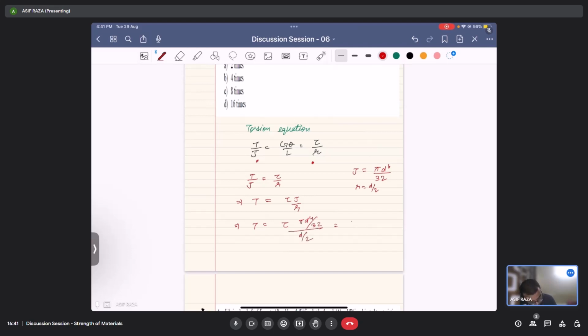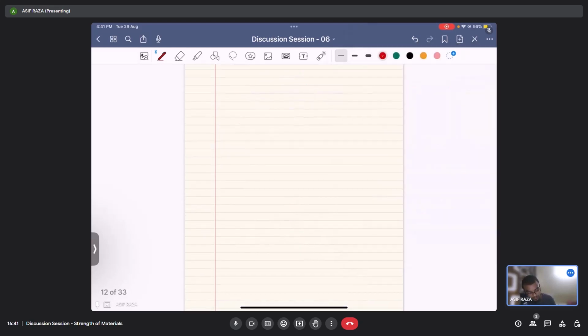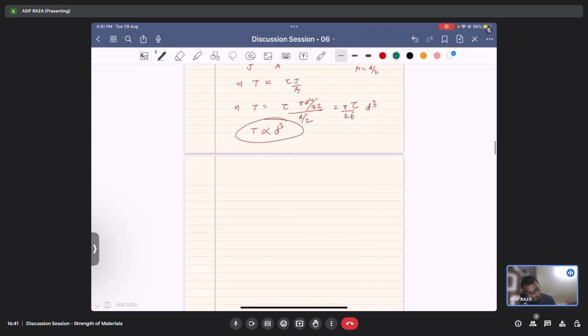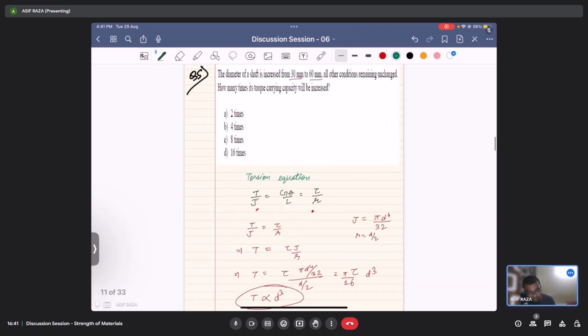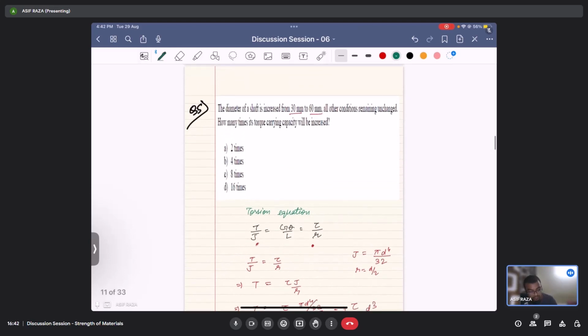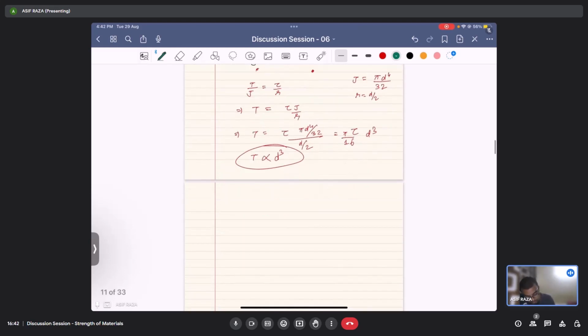This would be equal to pi tau by 16 d cube. So if all other conditions are the same, you can see T is directly proportional to d to the power of 3. So T is directly proportional to d cube.